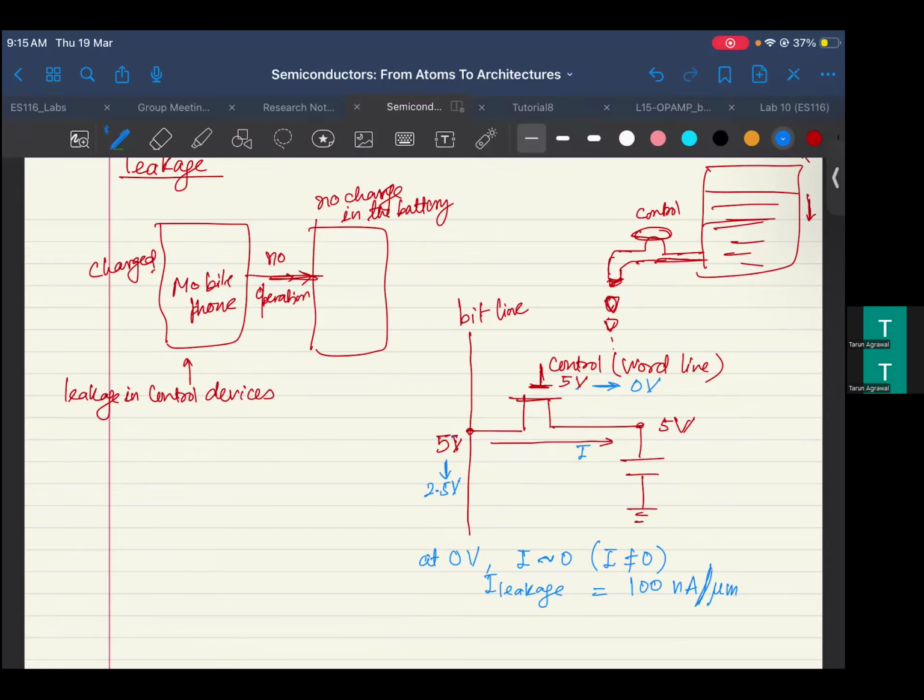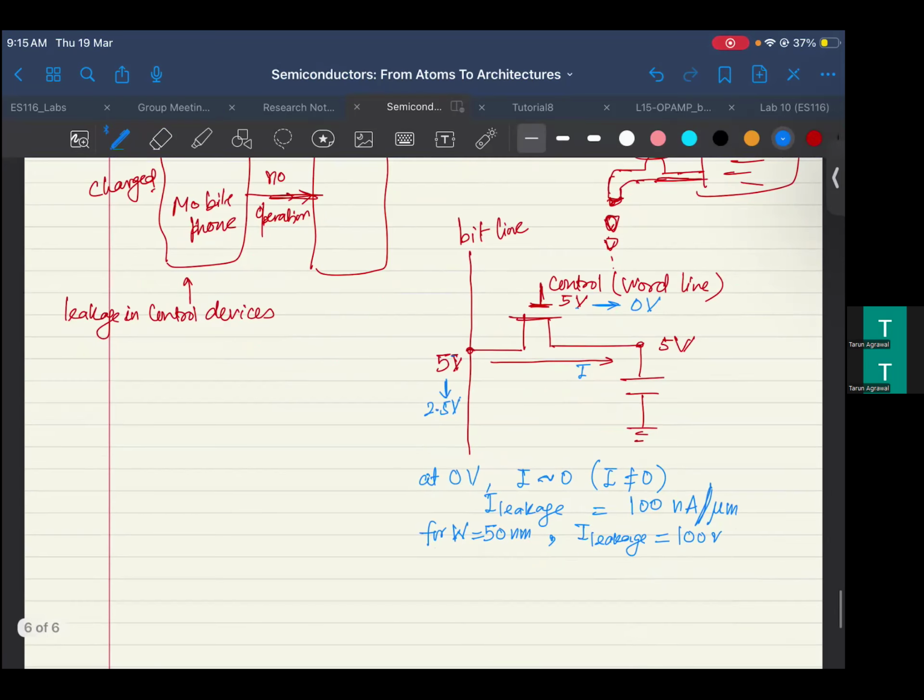If I simplify it, let's say you are making a transistor of 50 nanometer, because as we discussed, everything is becoming very, very small so that you can fit in. Then you can calculate the I leakage you are getting, which is 100 nanoampere into 50 into 10 power minus 3.